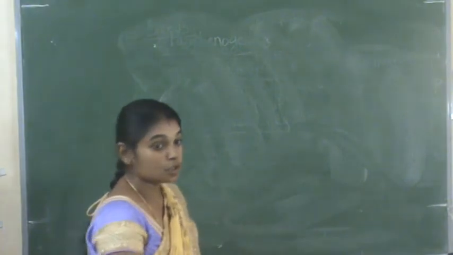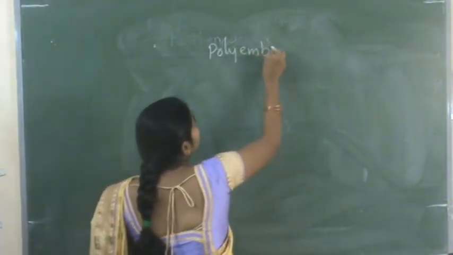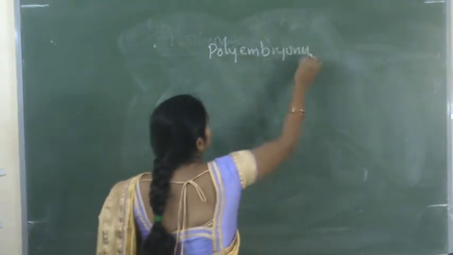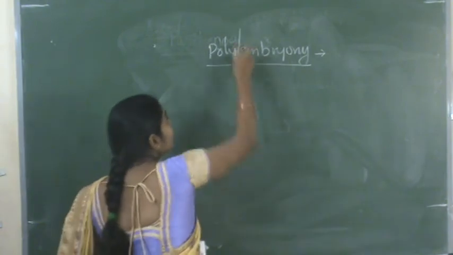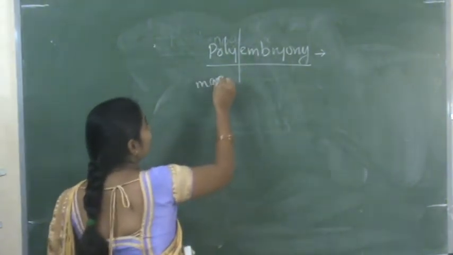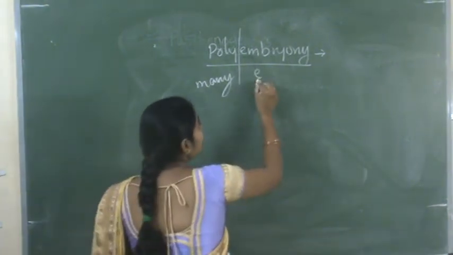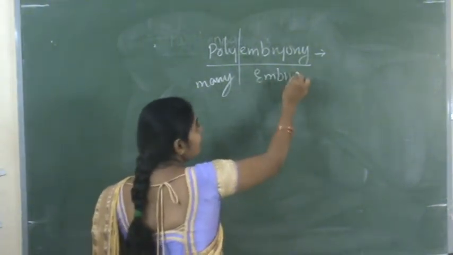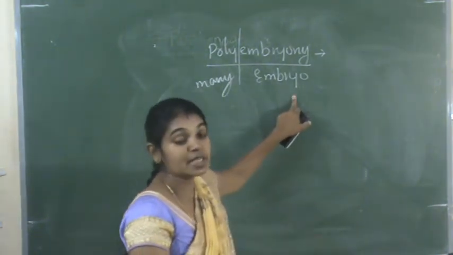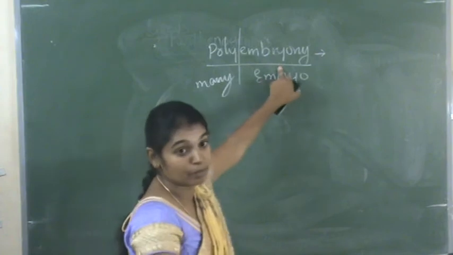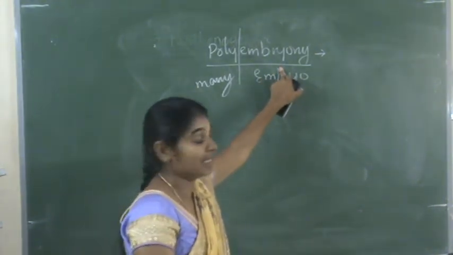One small topic in this is polyembryony. Poly means many. The presence of more than one embryo is known as polyembryony. It is common in many angiospermic plants.